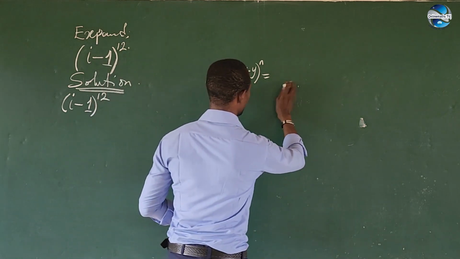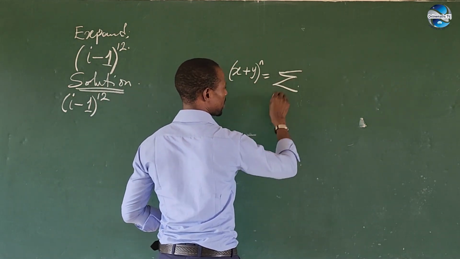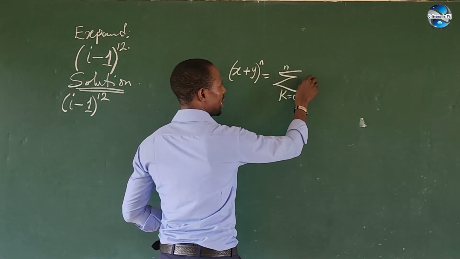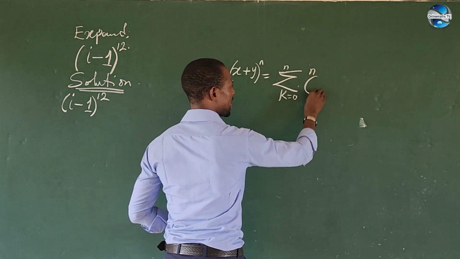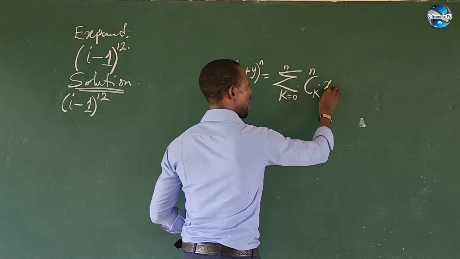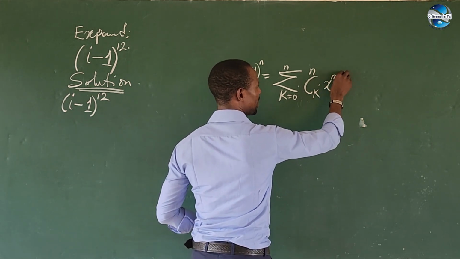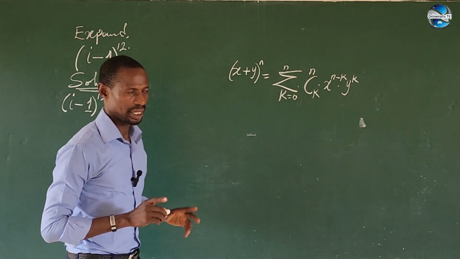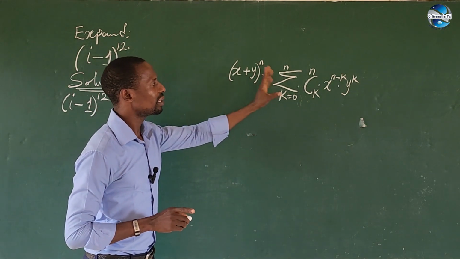We know that this will give us the summation as k goes from 0 to n of n combination k, times x to the power of n minus k, times y to the power of k. We all know this. This is our binomial theorem.